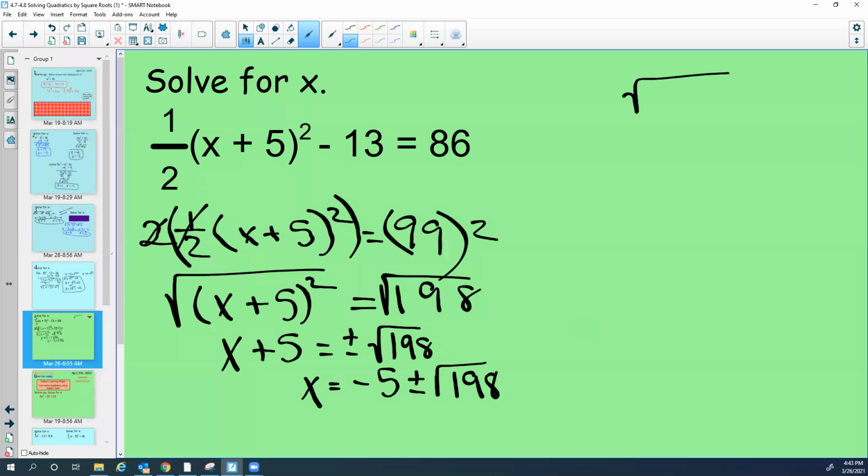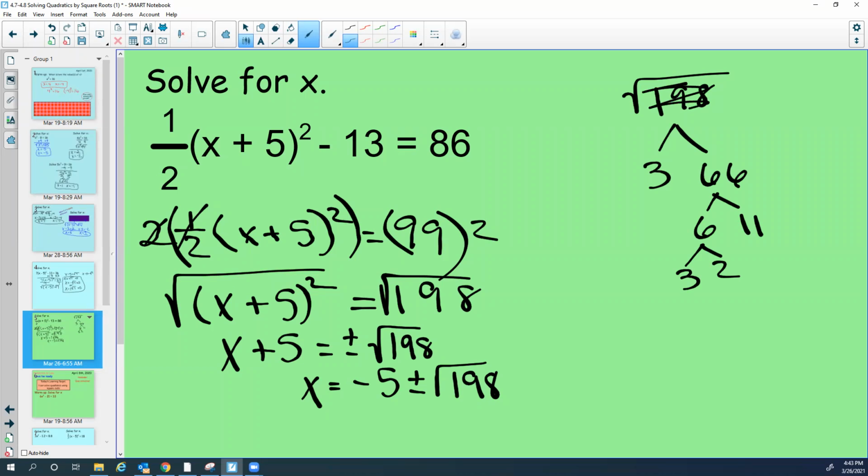So when I simplify my radical, we learned about this a while back. I need to find my factors of 198. So 3 and 66 multiply to give me 198. 6 and 11 multiply to give me 66. And 3 and 2 multiply to give me 6.